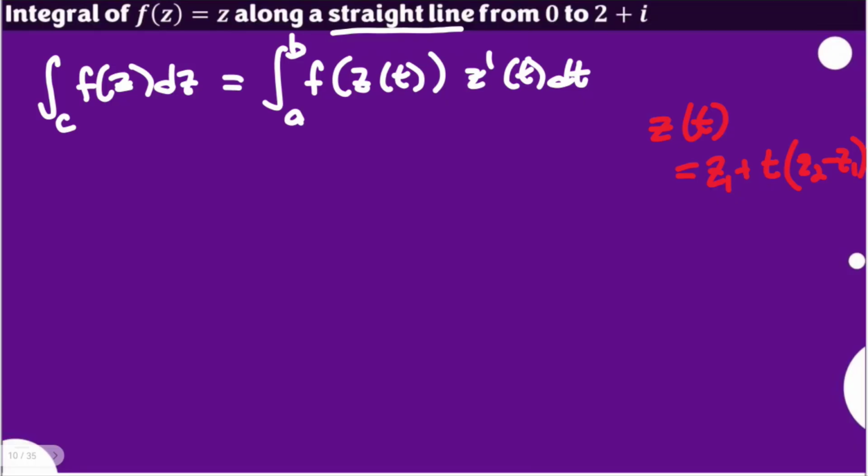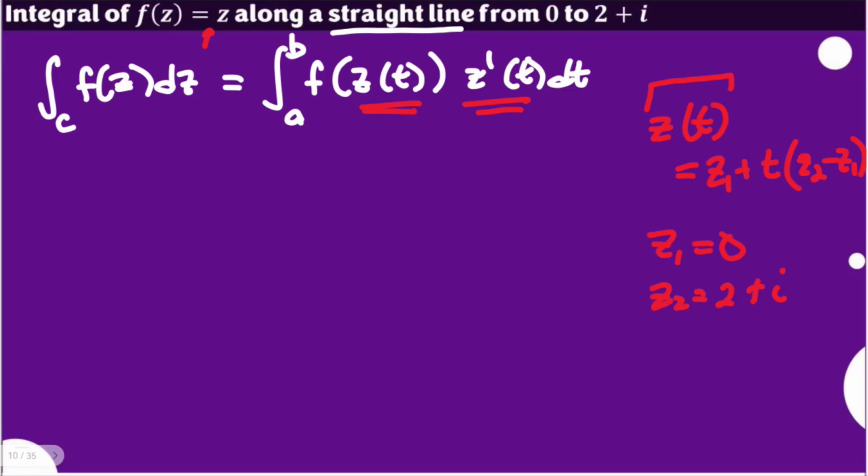Now, given our situation here, our z sub 1 is 0, the starting point, and our z sub 2 is 2 plus i. We can now solve for z of t, which we need to substitute into our given function. So allow me to start solving for this in the meantime before returning to the integration at hand.